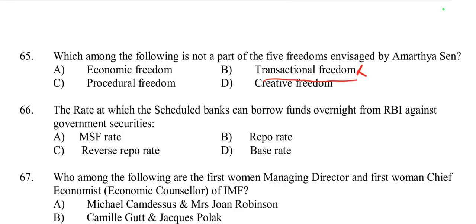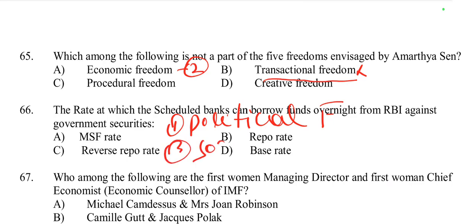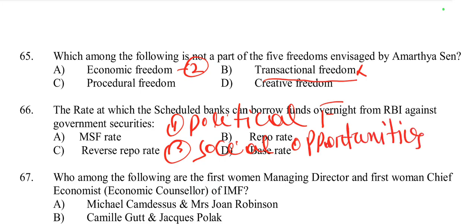First one is political freedom. Then the second one is economic freedom. Then the third one is social opportunities. Then the fourth one is transparency guarantees, that is called procedural freedom.